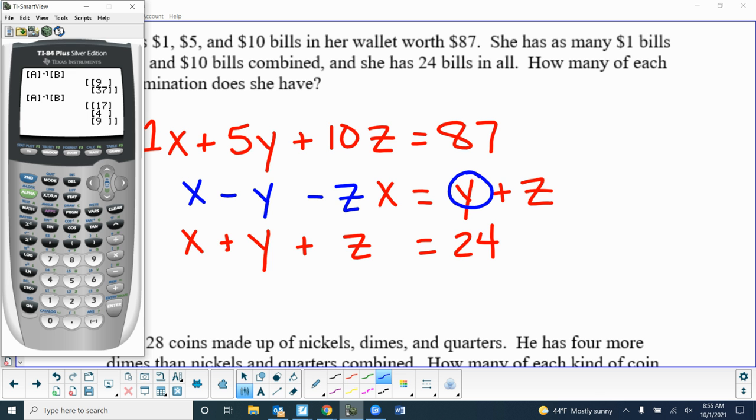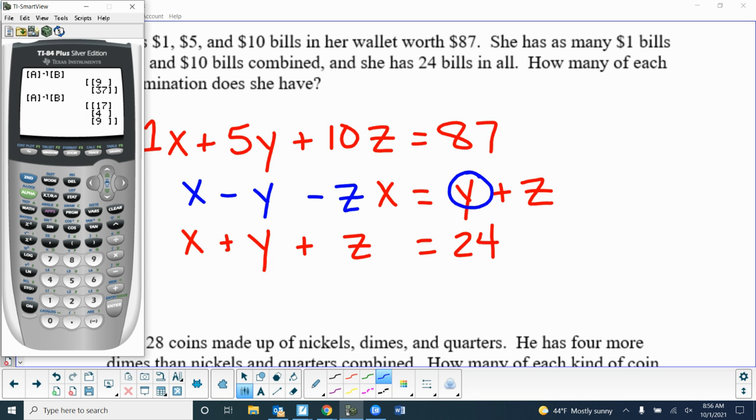All right, so I'm going to go back in and edit my A matrix, 3 by 3, 1, 5, 10, 1, negative 1, negative 1, and then 1, 1, 1, and get out of there.